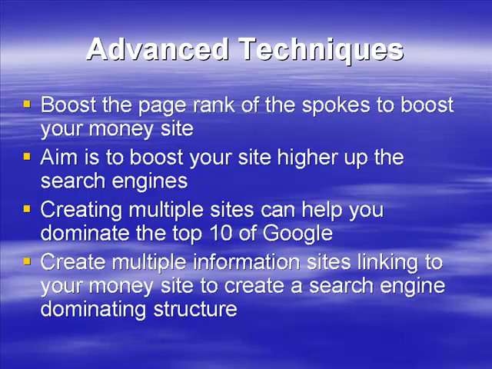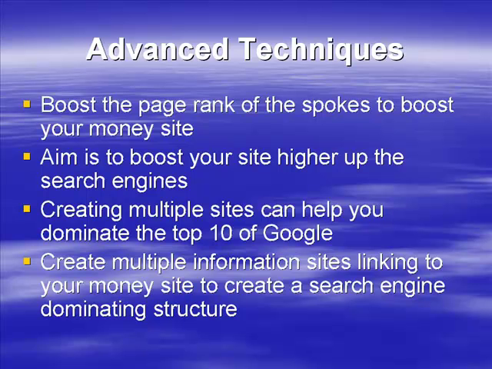Now, here's another thing that you could do. This is a much, much more advanced technique, so I've left it to last. We talked about creating link wheels for each of your link wheel spokes. But what if you had your central money site, and around the outside of that was a number of domains that you owned that were information sites linking to it?